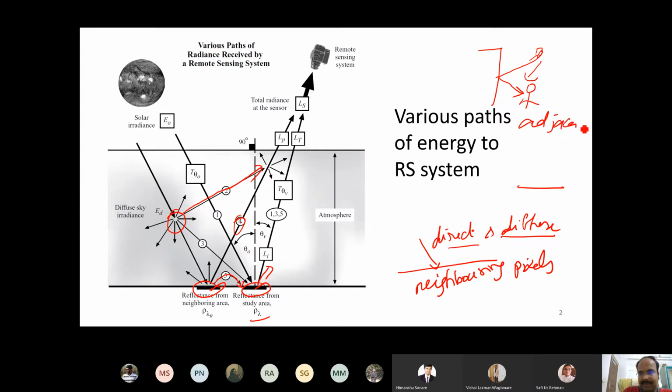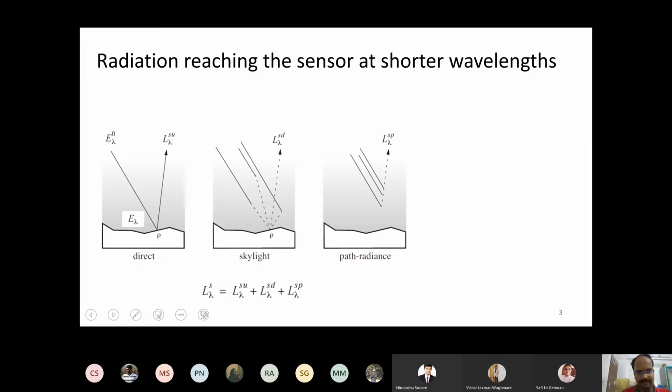Energy coming in from neighboring pixels, we call adjacency effects, which normally we don't want to happen because it is a contaminant to our signal of interest. So these are the different paths in which the signal can reach the sensor. Essentially, the atmosphere and also the neighboring pixels play a major role in altering the signal that reaches the sensor after it is reflected by the object of our interest.